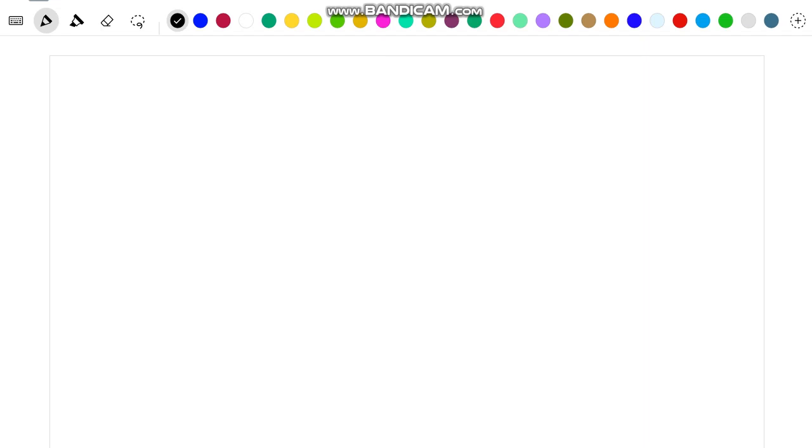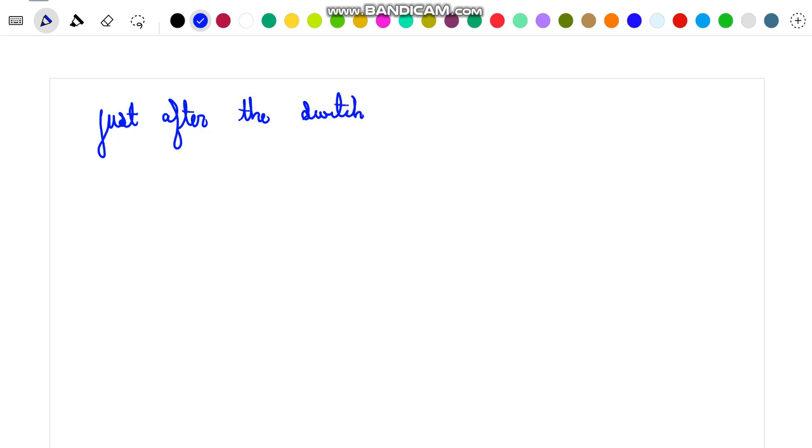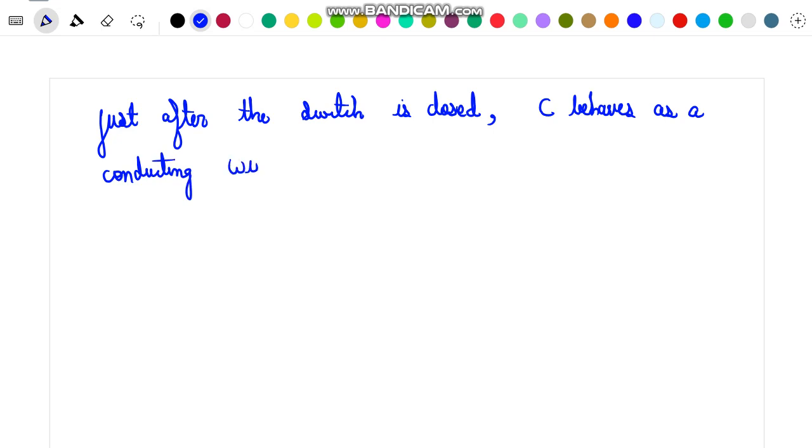So we know that just after the switch S is closed, the capacitor effectively will behave as a conducting wire. So if we draw a new circuit diagram, let us first write the condition that just after the switch is closed, we know that the capacitor behaves as a conducting wire.